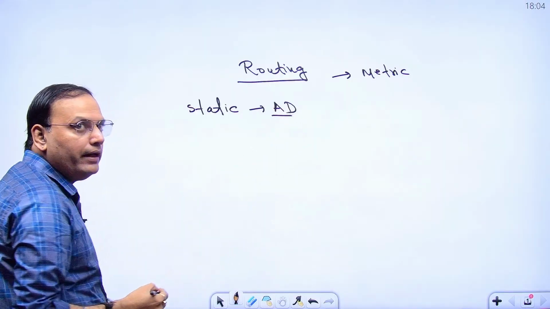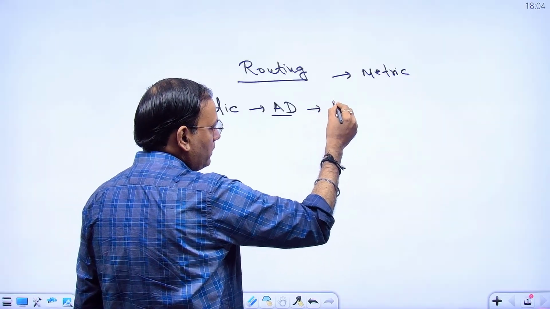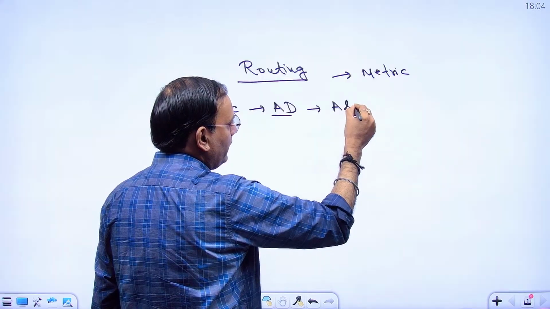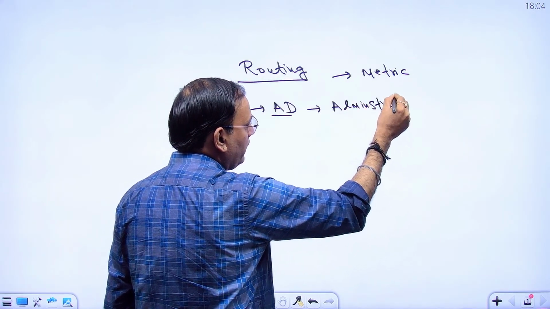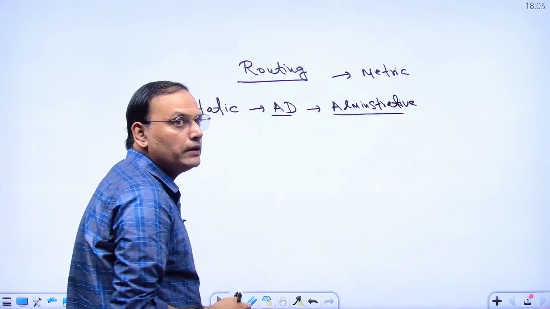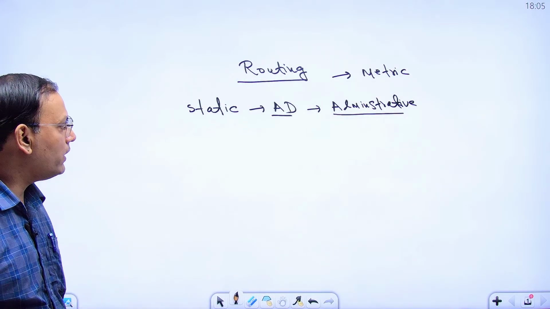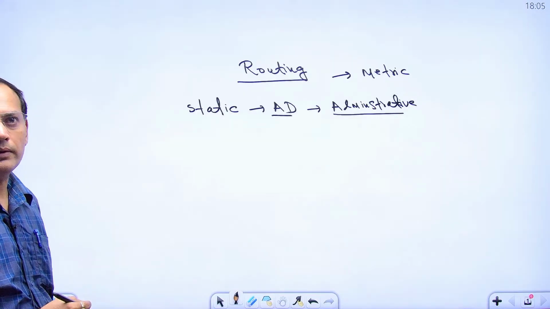AD is called administrative distance. This topic, in this video, only those who are doing CCNA, CCNP or working will be able to understand. For beginners also this will be helpful, especially those who have already done CCNA, CCNP or are working in some organization. This topic will be fruitful for all of them.